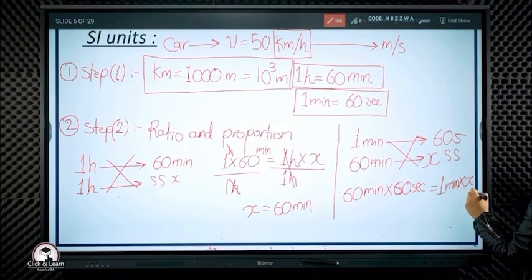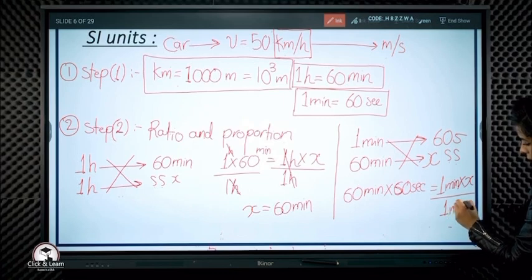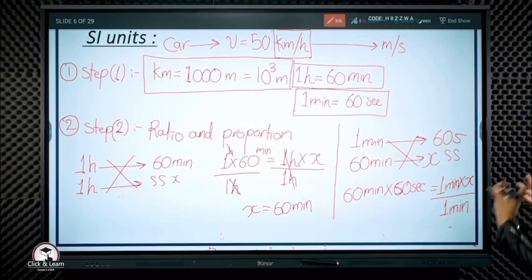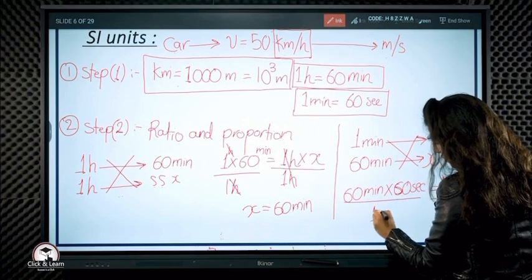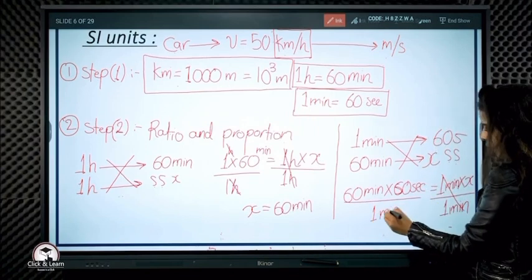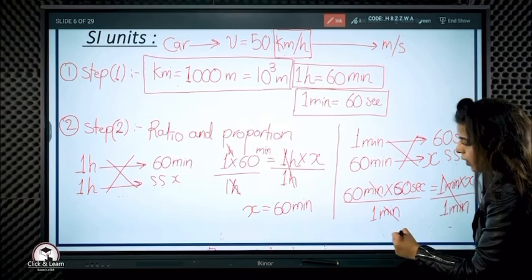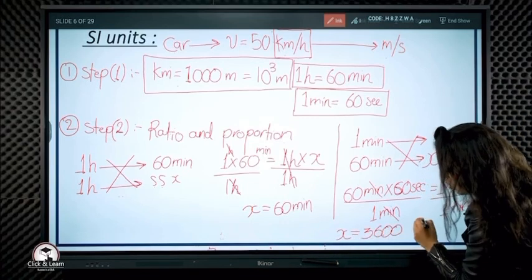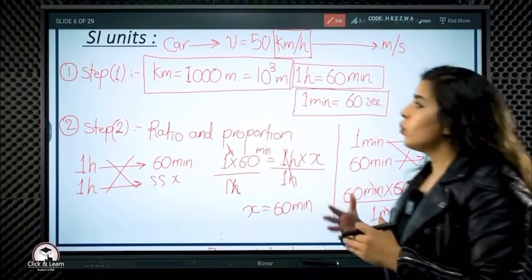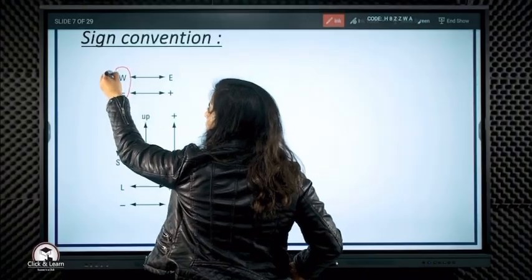I'm going to divide over 1 minute because I want to get rid of all the numbers around the x. Minutes with minutes cancel each other, and 60 multiplied by 60 is 3,600 seconds, so x is going to be equal to 3,600 seconds.